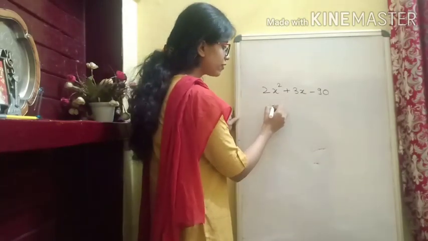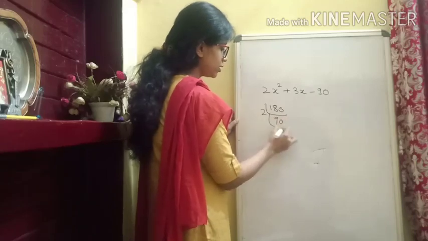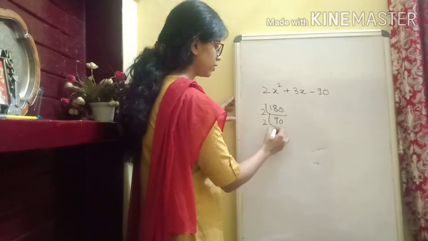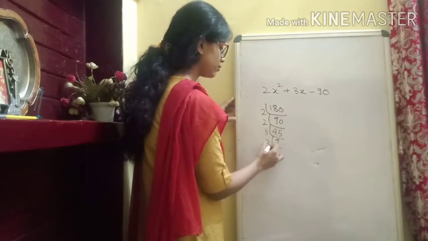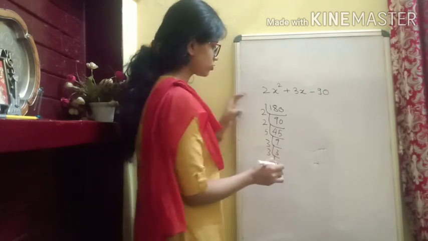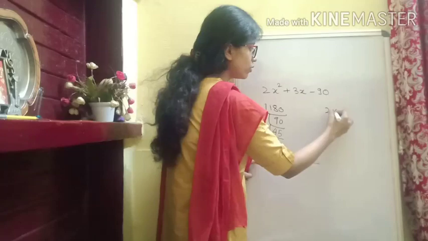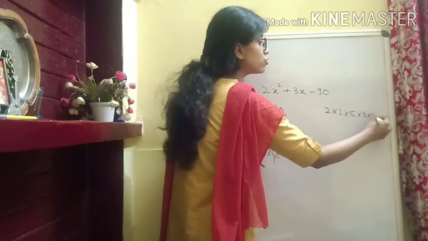So if I write the prime factorization for you all, that would be 90, and then you know how to write the prime factorization. It would be 45, and then 9, and then 3, and 3. Okay, so here we are getting these many numbers which I am writing here. That is 2 into 2 into 5 into 3 into 3 into 1.